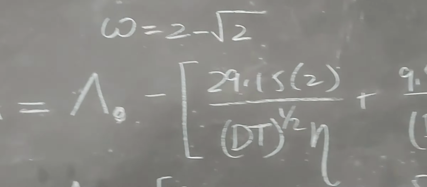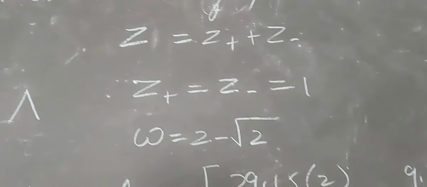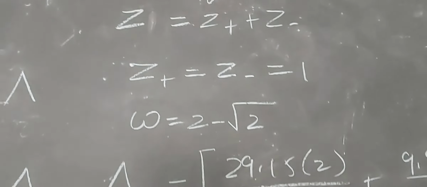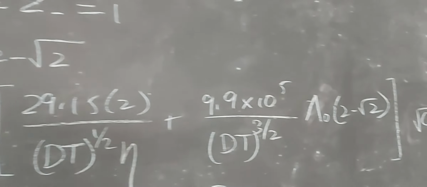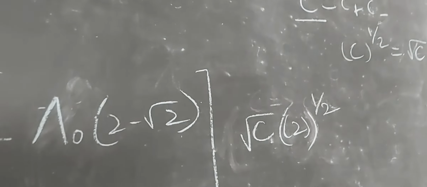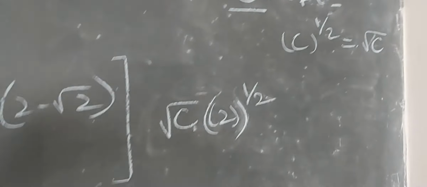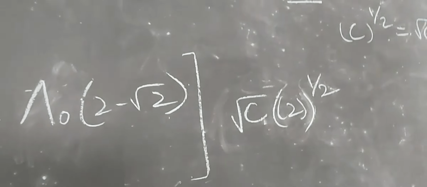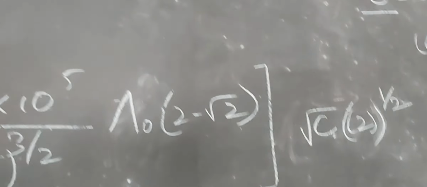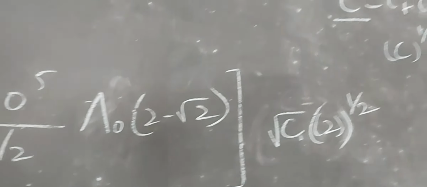After substituting all these values, we are substituting the same Z value and omega value in this equation. At last, I denoted C equal to C plus and C minus. Then we wrote C whole to the power of 1 by 2. We can write that as root C also. So I am writing that C as root C, and I am substituting the Z plus and Z minus value as 2 in the power of 1 by 2.